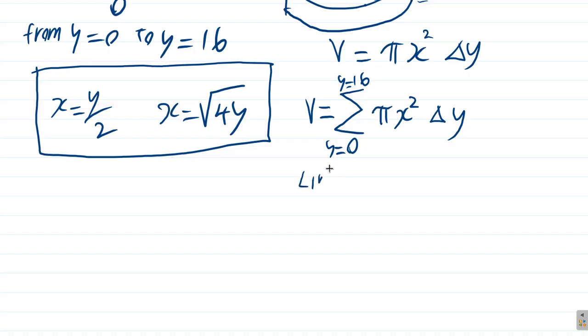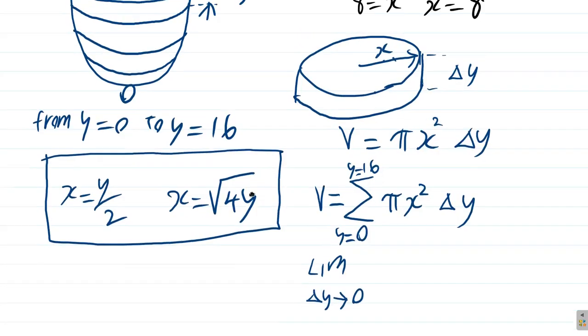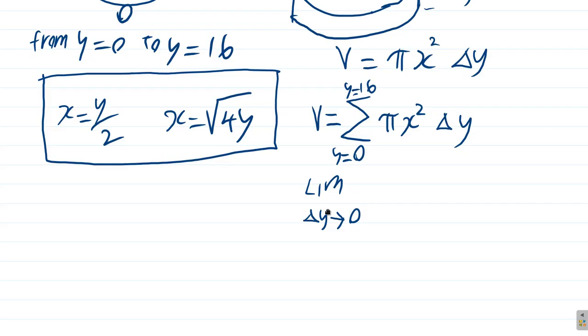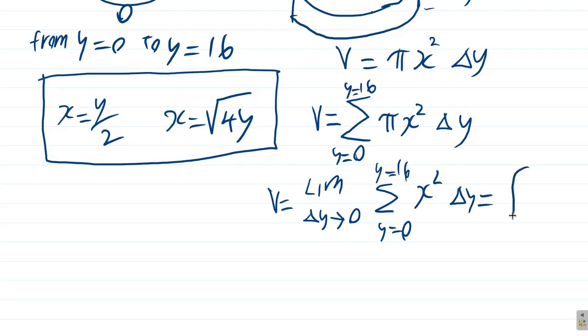Now, the limit as delta y tends to 0, that means you're making more cylinders, but the more cylinders, the thinner they must be. So the heights would be approaching 0. The volume equal to the limit as you add from y equals 0 to y equals 16 of x squared delta y is going to be the integral.